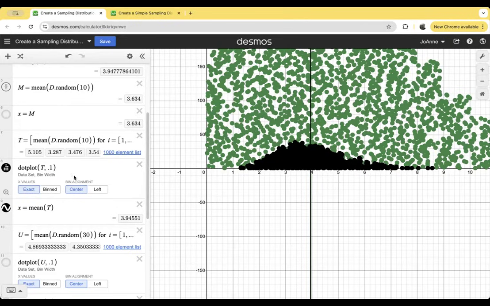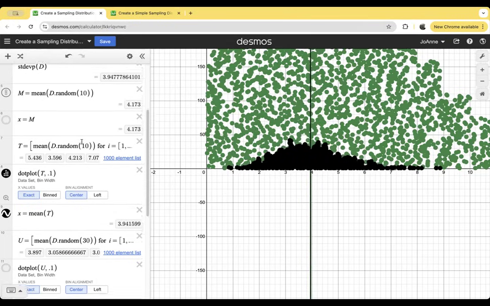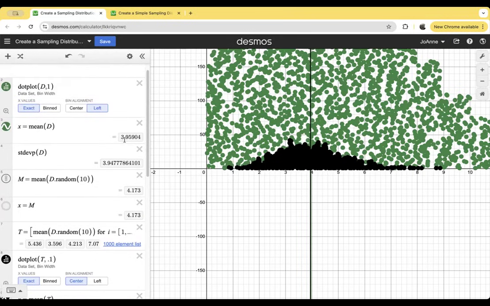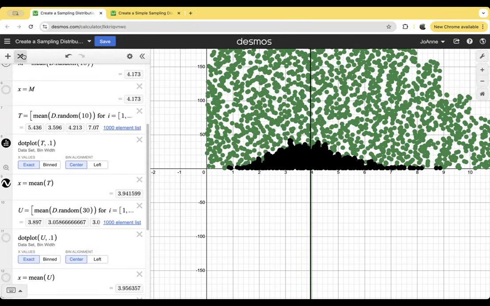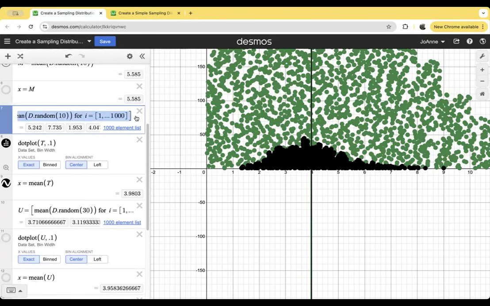So the reason why the mean of each sampling distribution that I generate here is not exactly the same as the mean of the population, which remember is 3.95 up here, like our relationship showed us earlier, is because I'm doing this only 1,000 times.